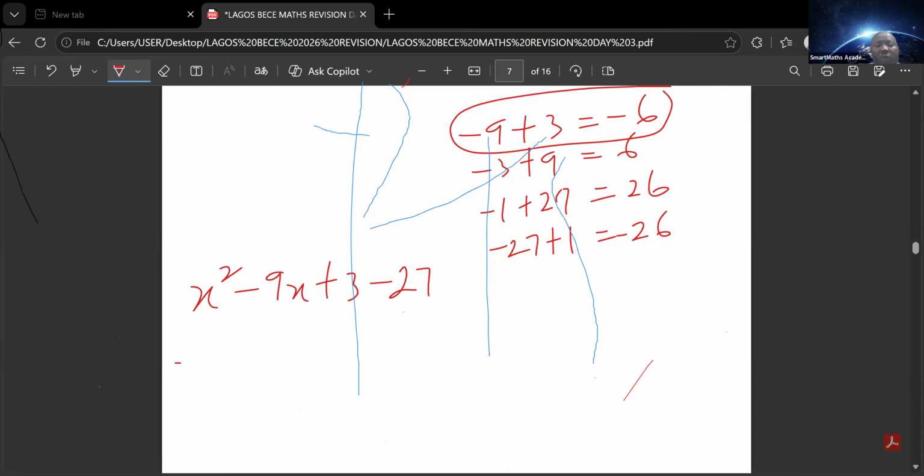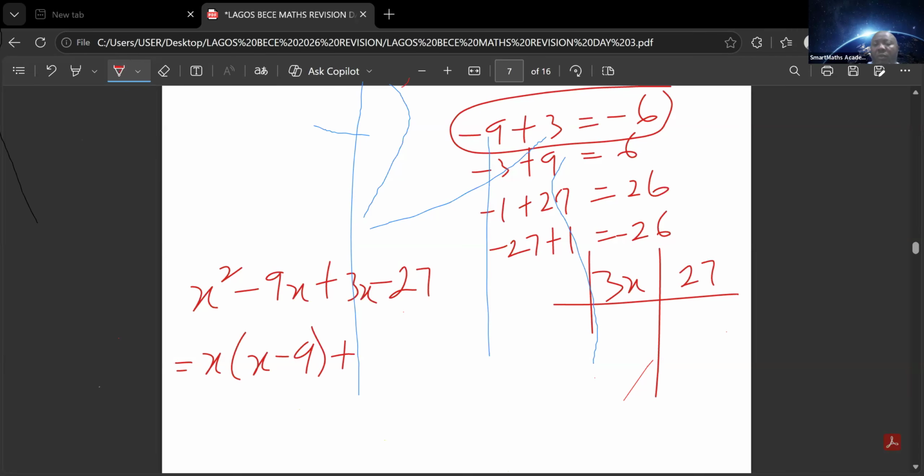So we now factorize. This one is going to be x, open bracket, x minus 9. I hope this is clear. Good. Then plus, what is common to both of them? We have 3x and 27. The same thing here. So 3 is common, that will be x, then 9 is here.